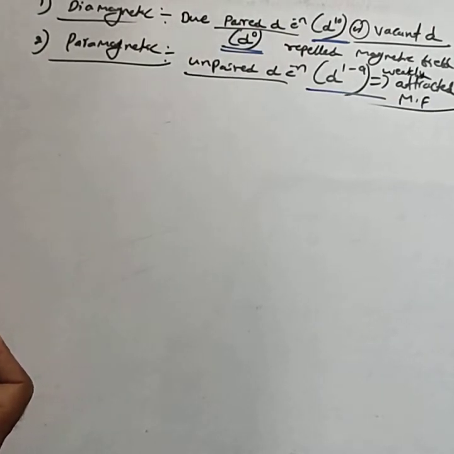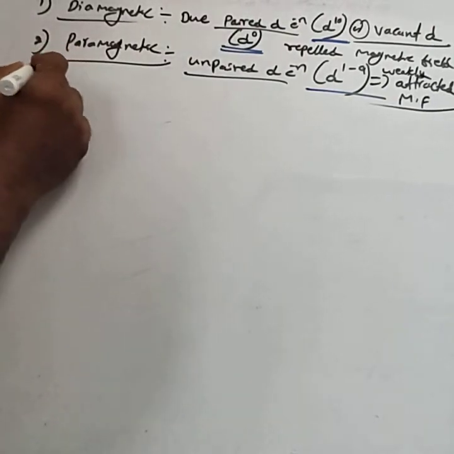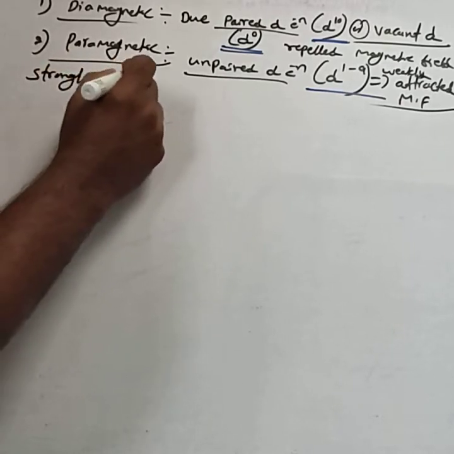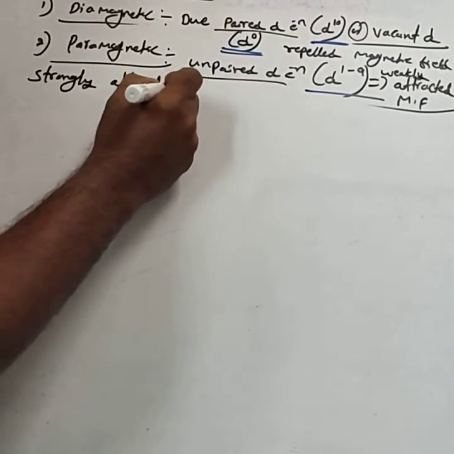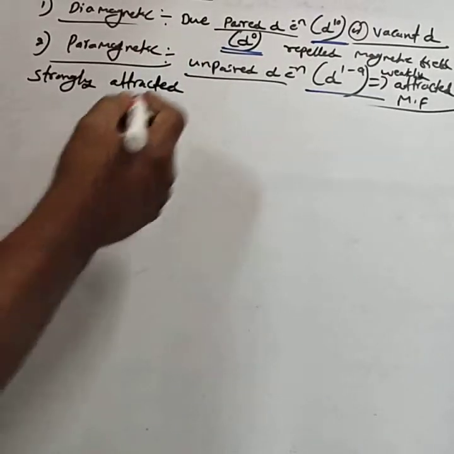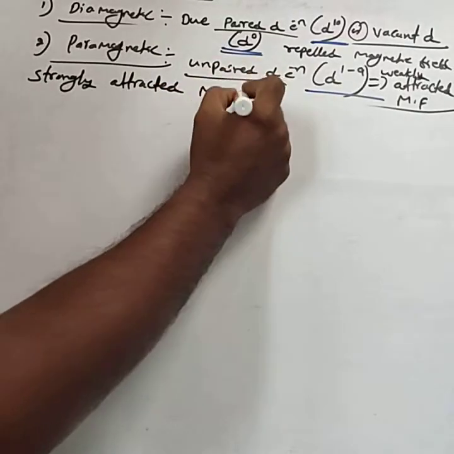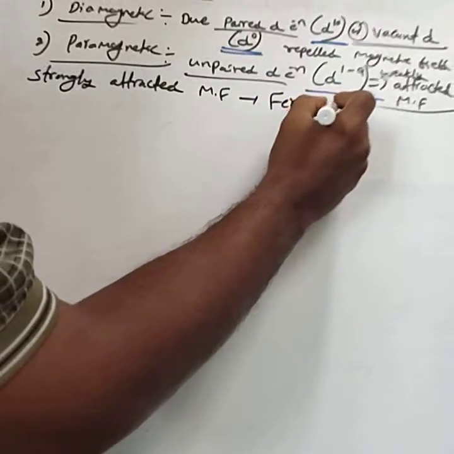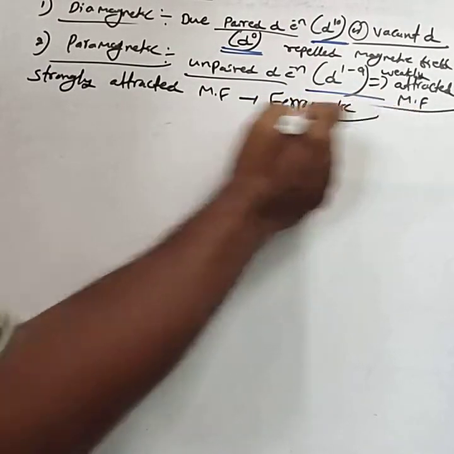Then one more special property is for substances which are strongly attracted. If they are weakly attracted, they are paramagnetic. If they are strongly attracted by the magnetic field, such magnetic property we call ferromagnetic.